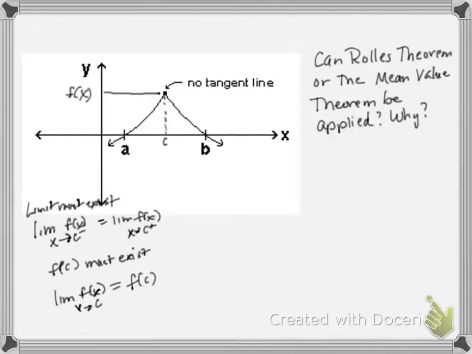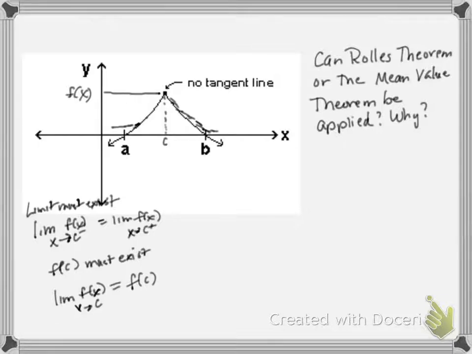As the function is moving to the right here, this function is trying to get to f of c, and it does make it. All right, looking at the right side, as you're approaching c from the right side, the function is trying to get to the height of f of c, and it does make it. All right, so I know that the limit from the left and the right exists.